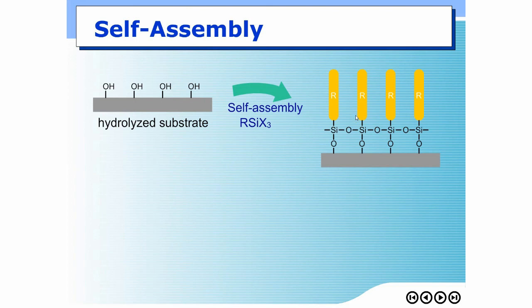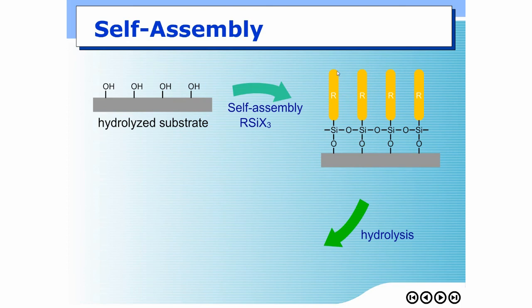The halogen part would react with the hydroxyl part, just like in the example I showed you in ALD. If this silicon is bound by 3 chlorine atoms, chlorine would react with these hydroxyl groups to form hydrochloric acid, and then silicon would bind covalently with this oxygen, like this picture. The alkyl group would protrude out from the surface. This function depends on your application.